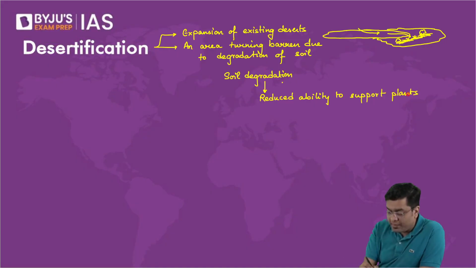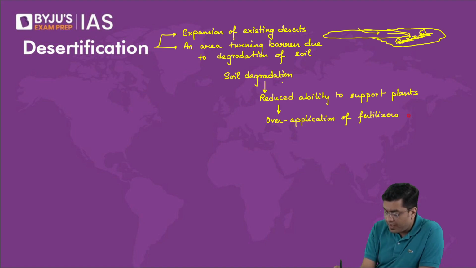When you have reduced ability to support plants, that means you will try to compensate it with over application of fertilizers and over irrigation.